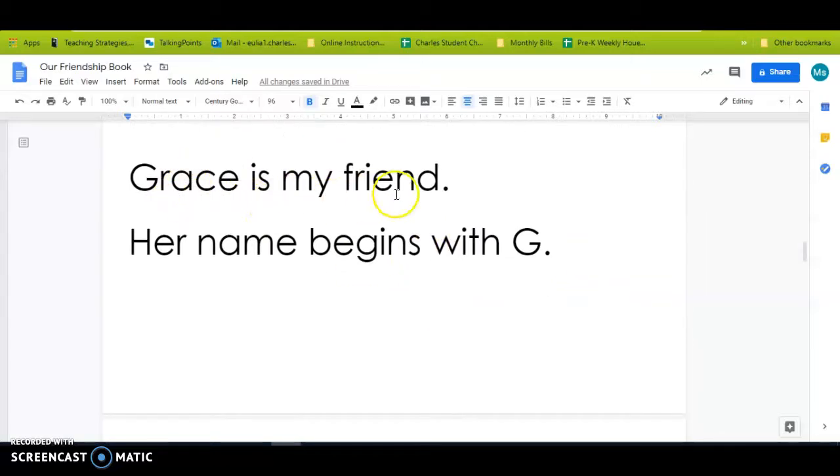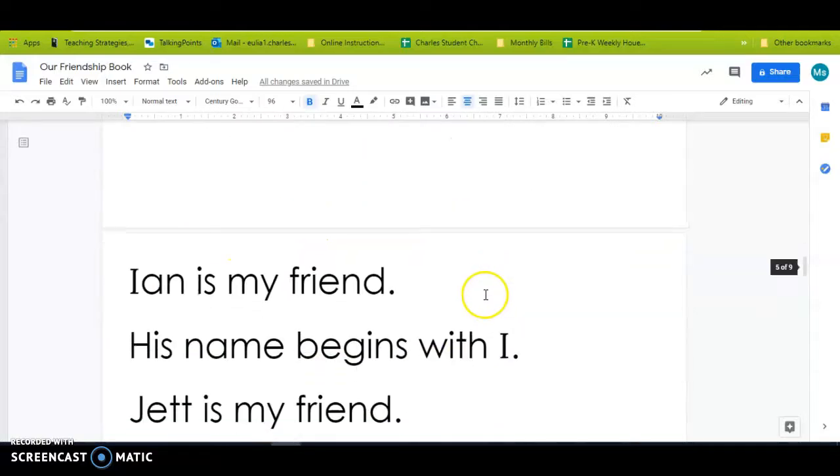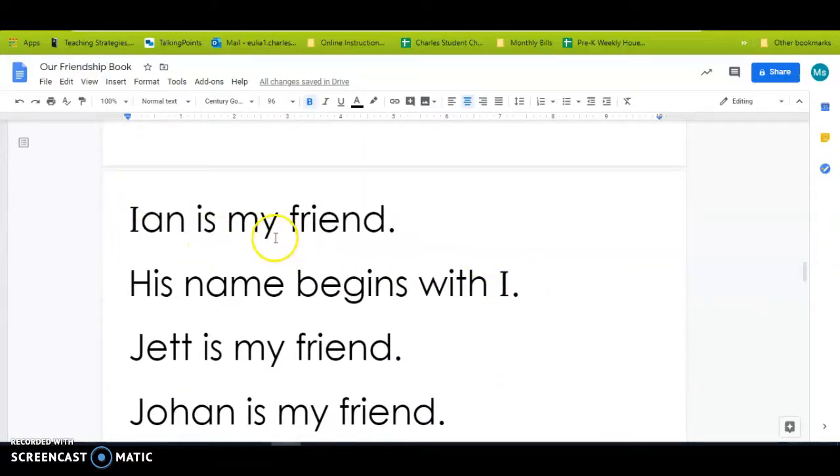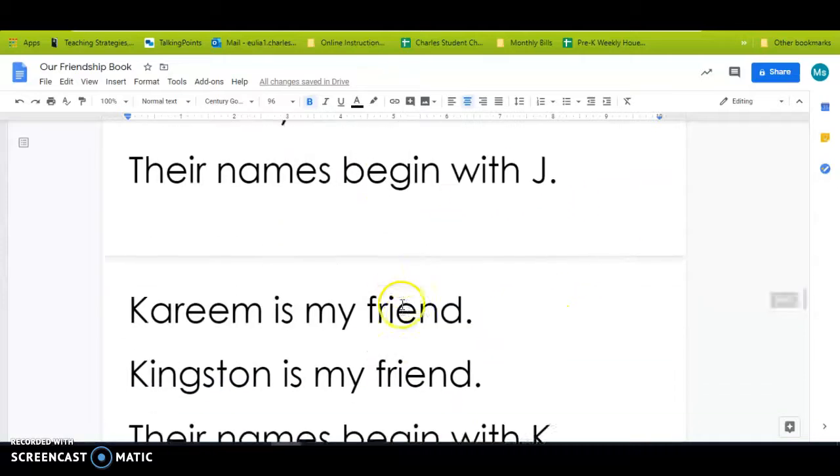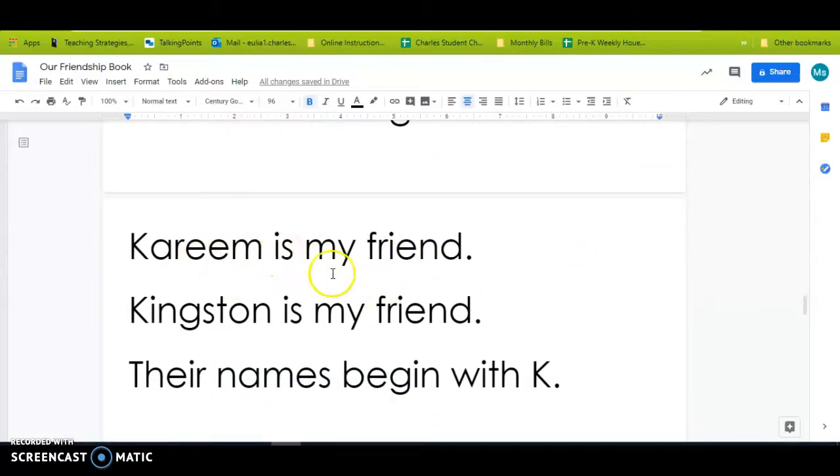Grace is my friend. Her name begins with G. Ian is my friend. His name begins with I. Jet is my friend. Johan is my friend. Jose is my friend. Their names begin with J. Kareem is my friend. Kingston is my friend.